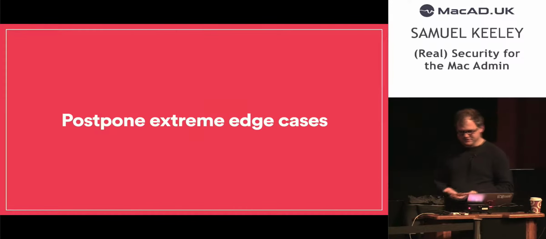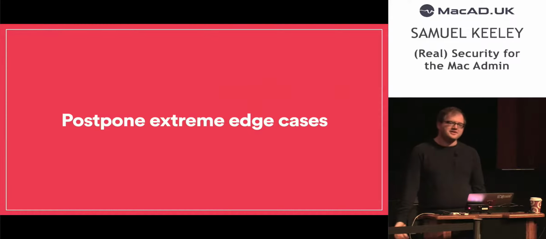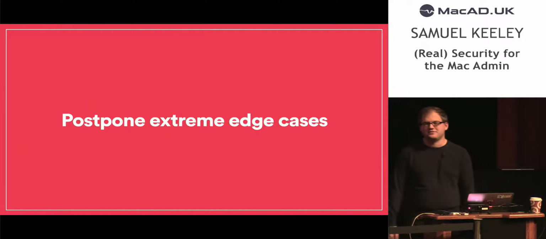So we'll postpone these extreme edge cases and instead prioritize these big things, whether that's the obvious things like you have thousands of Macs. Simply encrypting them all with FileVault is going to be a huge win for you in protecting yourself from data loss. And it's super easy. The biggest wins are probably the easiest ones to do too.